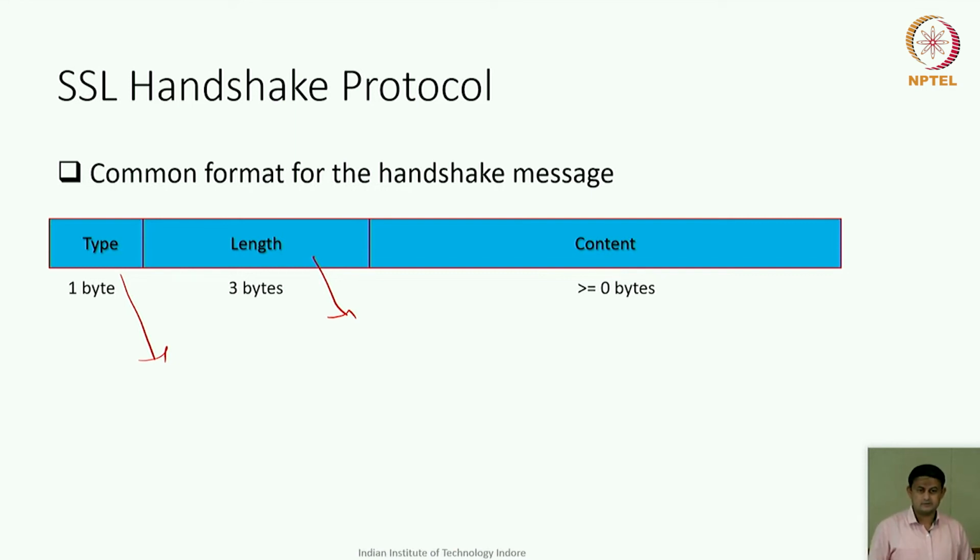They might also exchange a random number selected to generate the session keys. So it identifies what kind of message it is. In the next slide, the details are there on what all kinds of messages exist. All of them use this generic structure of 3 components. The first 2 are fixed, 1 byte and 3 bytes. The content itself can be of 0 or more length.